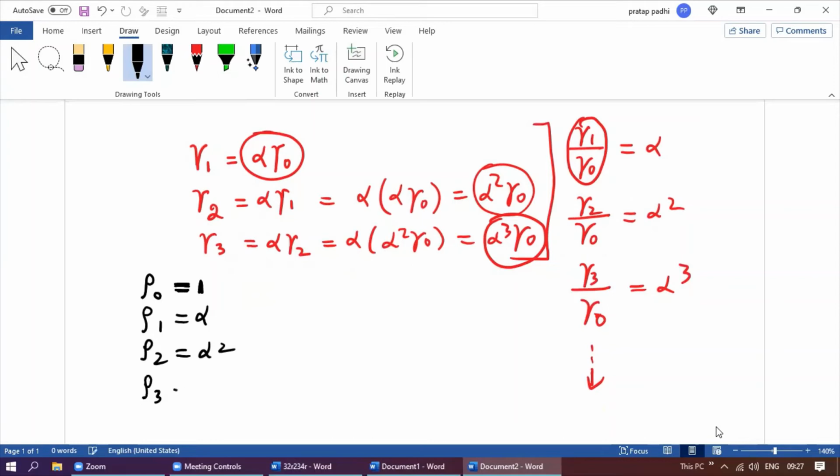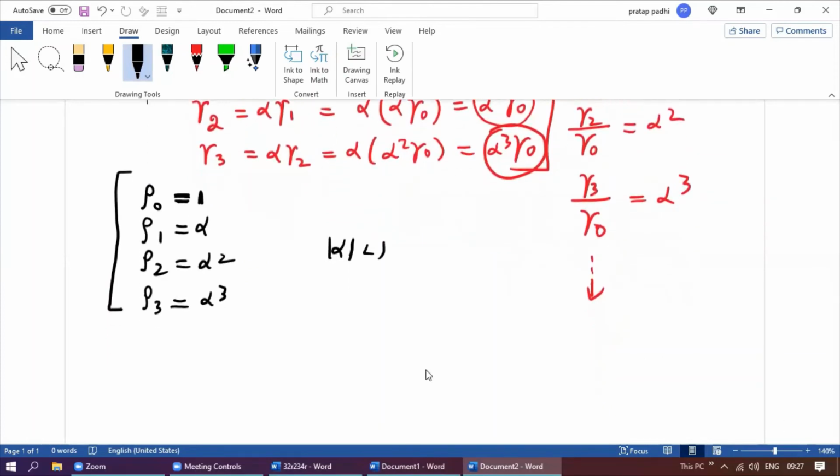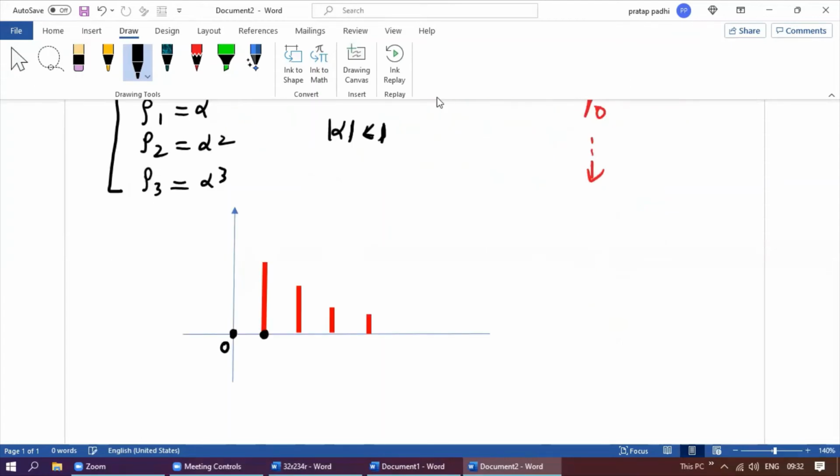You write rho 3 alpha power 3. Because alpha is less than 1, this is decaying exponentially, and it will go towards 0. If alpha is less than 1, it will go towards 0. These are the autocorrelations. This is 1, this is 2, this is 3, this is 4, and these are the autocorrelations.